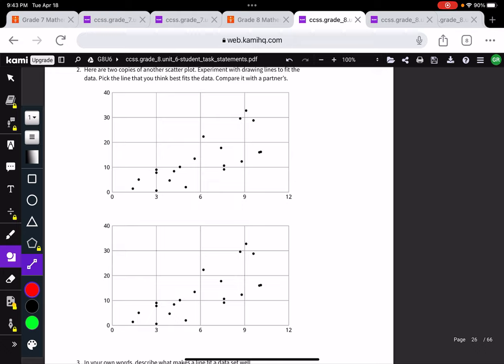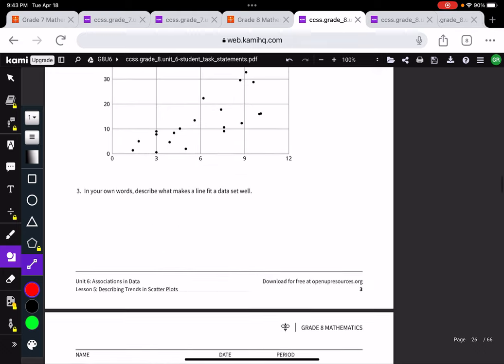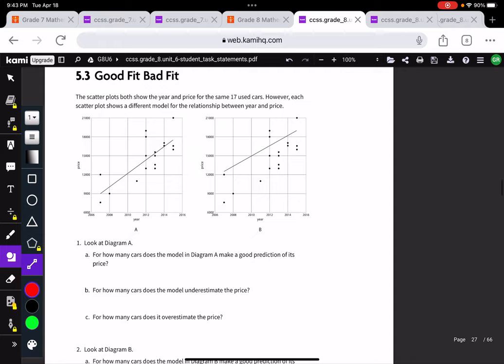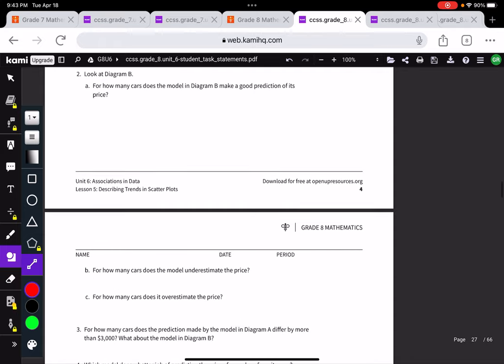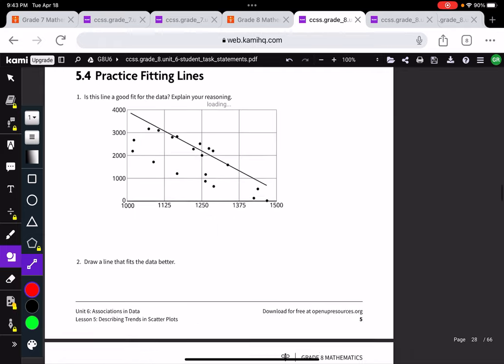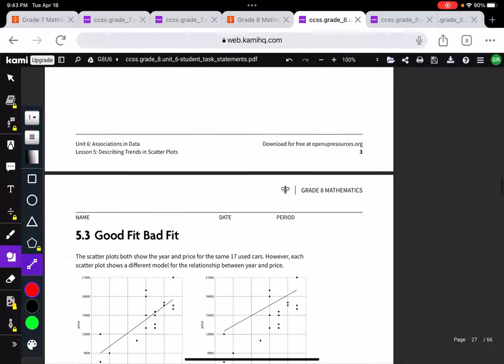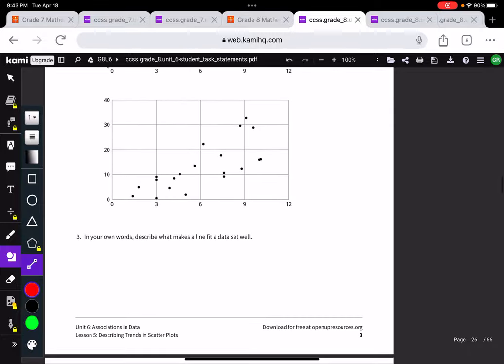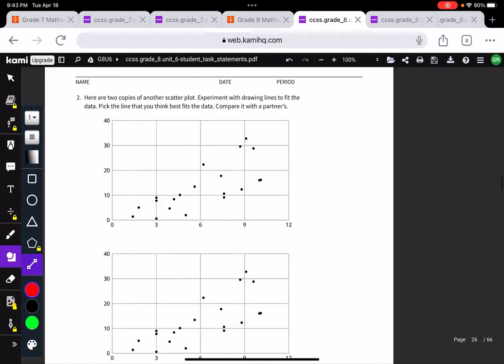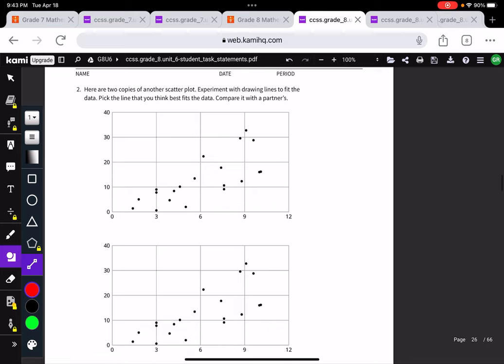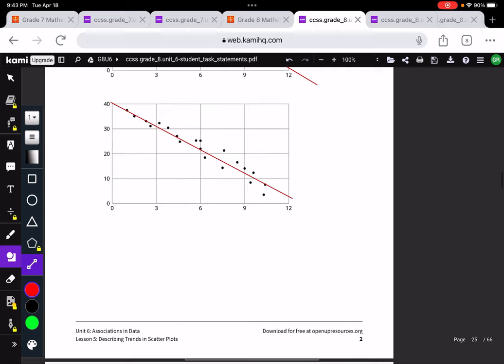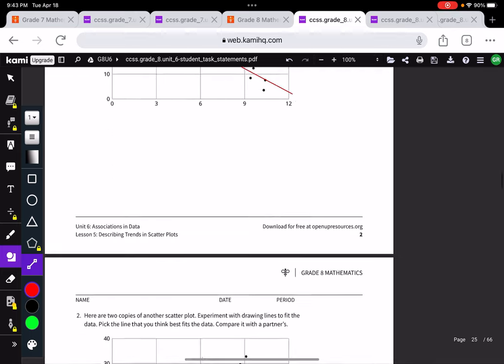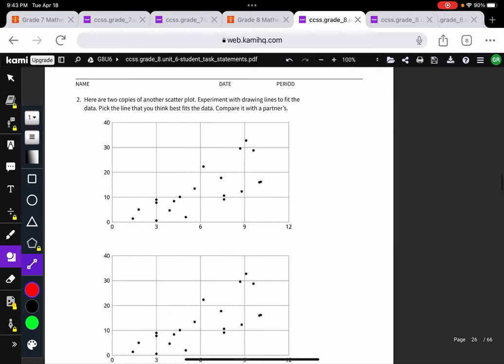If I were to say, and in fact, I was just looking down there to see if there's a better way to explain it, but it says, in your own words, describe what makes a line fit data well. If you were to say, well, when I draw a line, I like half the dots to be on top of the line and half the dots to be below the line, and that means it fits the line well.